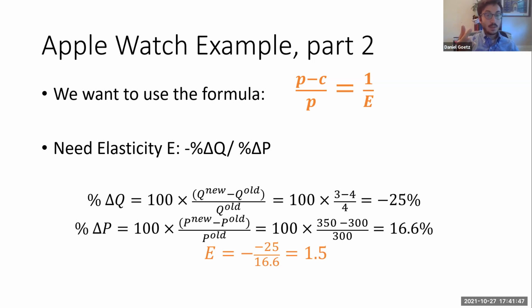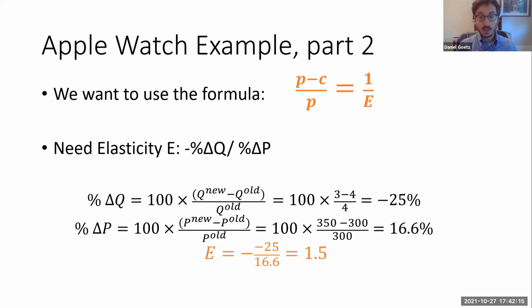P minus C is like our markup, the difference between the price we want to charge and what it costs to make. So as 1 over E goes towards 0, for the left-hand side to also equal that low number, P minus C needs to shrink. Bigger elasticity, more price-sensitive consumers, leads to a smaller markup, a smaller price relative to the cost.